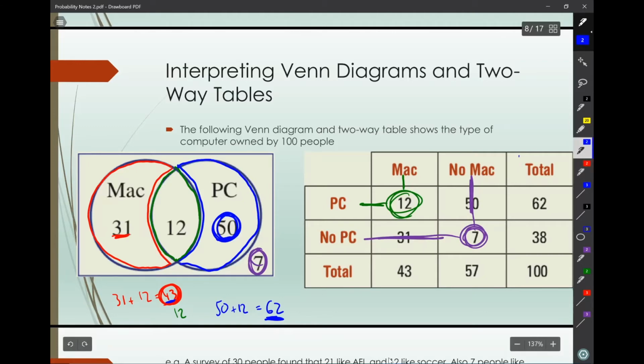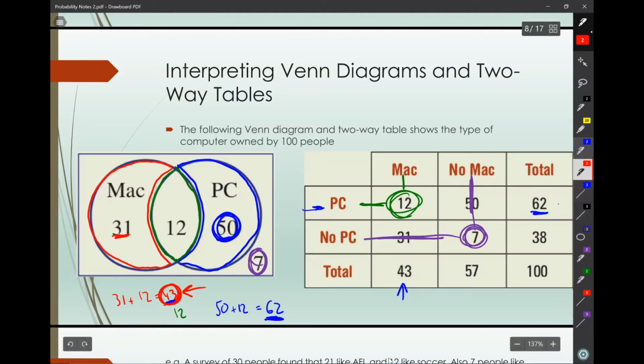That is the purpose of this column and row in the two-way table. This number here, 62, is the number of people that own a PC. Okay, we've added up the whole PC row and we've put the total on the end. And then again here at the bottom of the Mac column, we have this number, 43, the total number of people that own a Mac.